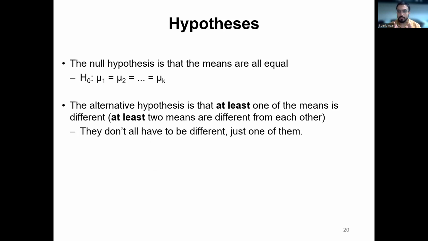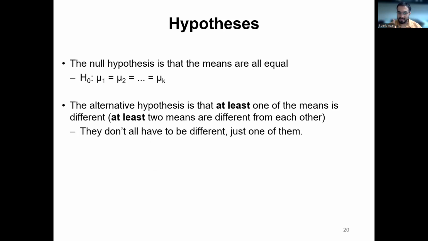So in the alternative hypothesis in ANOVA, let's say we have three independent groups. In order to have an alternative hypothesis, it doesn't necessarily mean that we should have all different means for our groups.